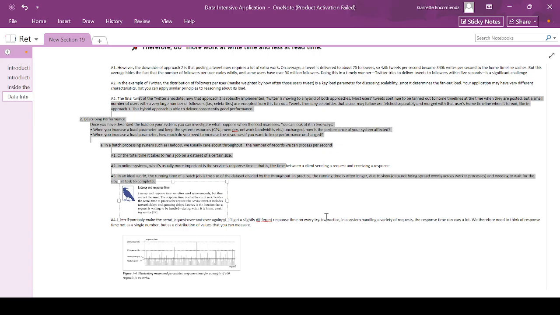Most users' tweets continue to be fanned out to home timelines at the time they are posted, but a small number of users with a very large number of followers, i.e. celebrities, are excepted from this fan-out. Tweets from any celebrities that a user may follow are fetched separately and merged with that user's home timeline when it's read, like in approach 1. This hybrid approach is able to deliver consistently good performance.